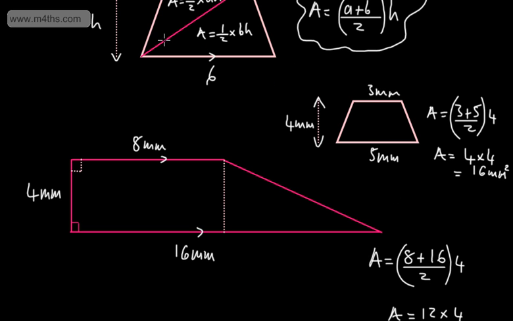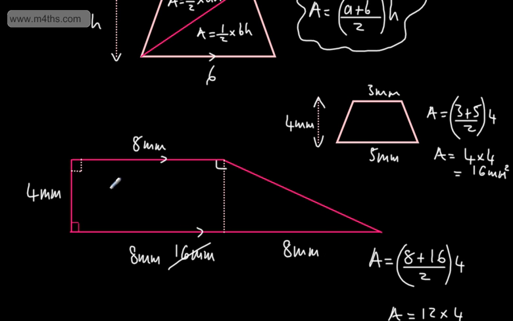If I look what I've got here, let's do it a slightly different way. If I now cross out the 16, what I've got here is 8 here, up until this point, as we've got a rectangle, and then we're left with 8 millimeters just here. It's not always going to be the same value, it's just worked out that way.